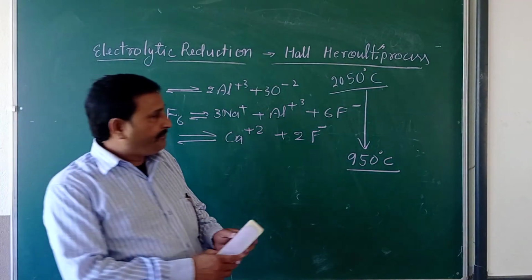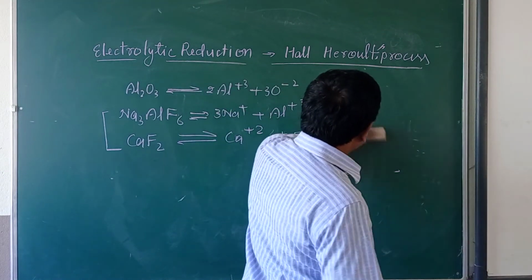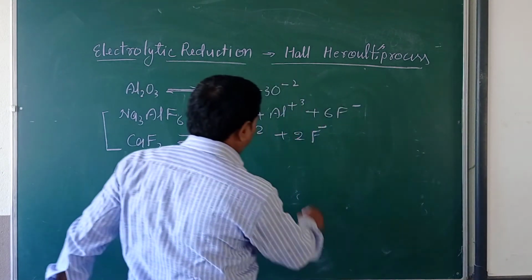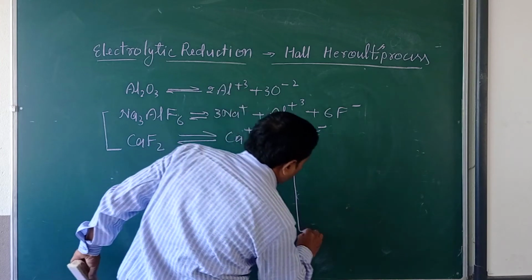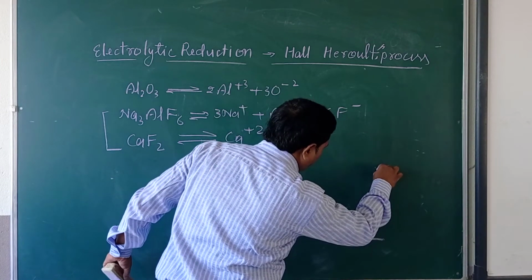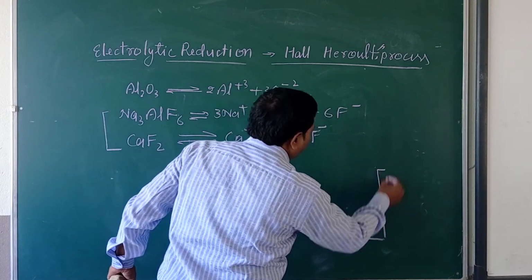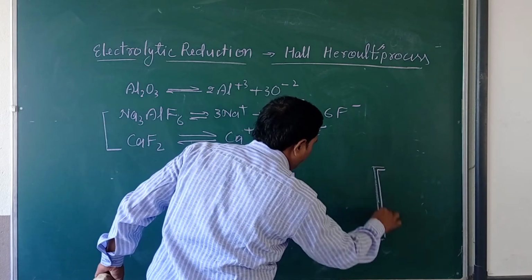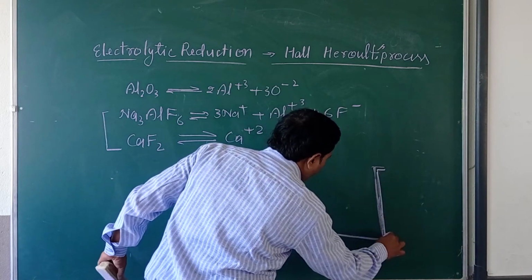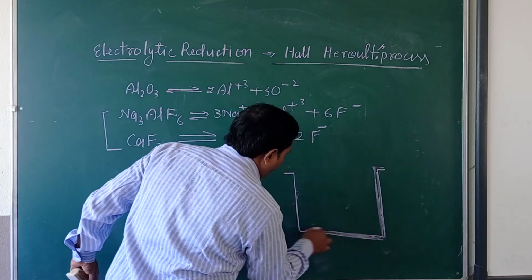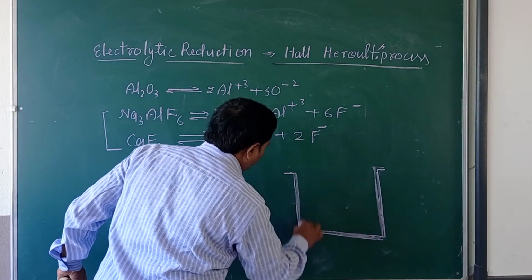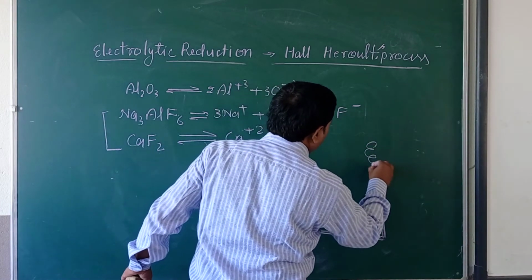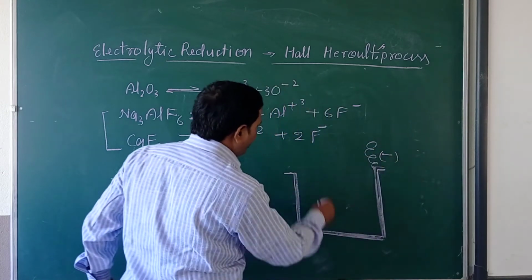Now see the diagram. This is a voltameter or electrolytic cell. Here the carbon lining acts as the cathode, negative.